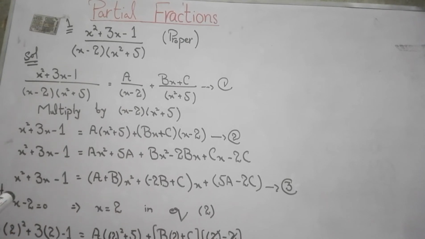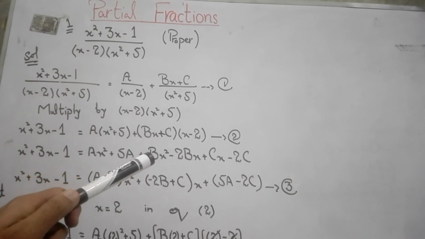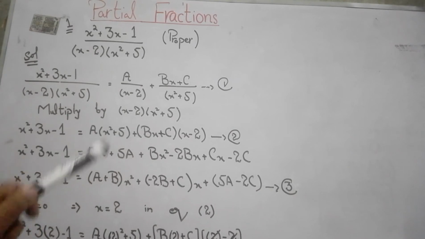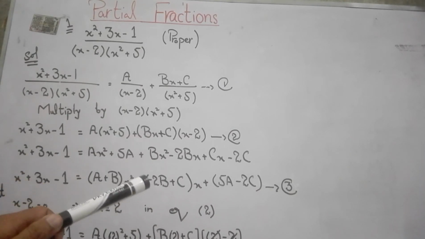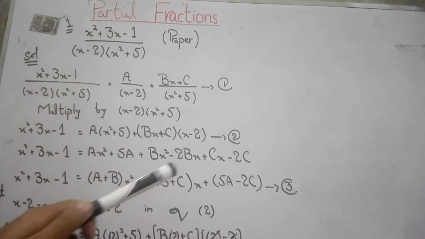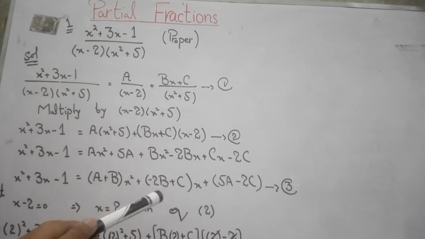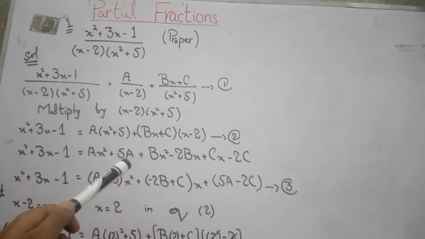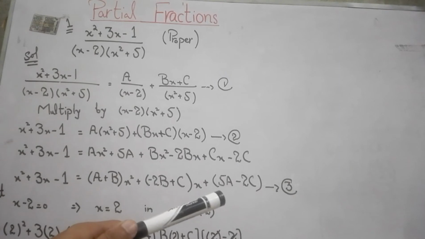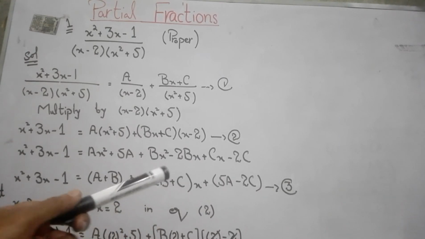The x squared plus 3x minus 1 remains as it is. On the right hand side, a and b are the two coefficients of x squared. Similarly, collect the x coefficients, which are minus 2b plus c, and collect the constants, which are 5a minus 2c. We give this equation the name equation number 3.